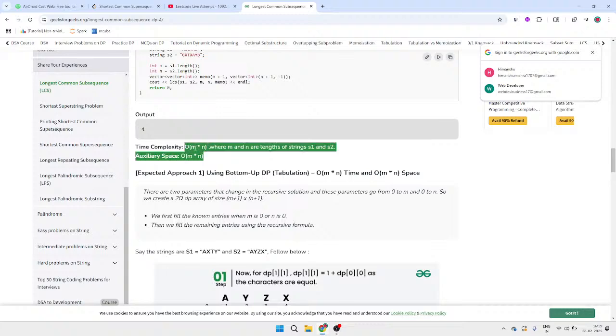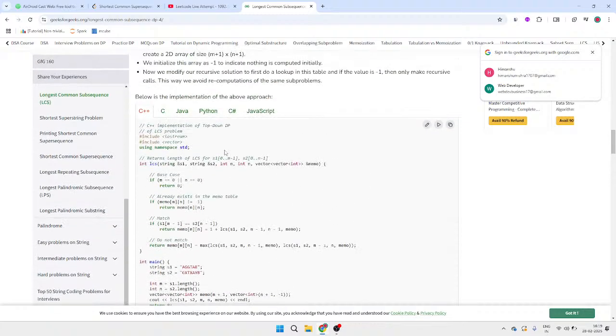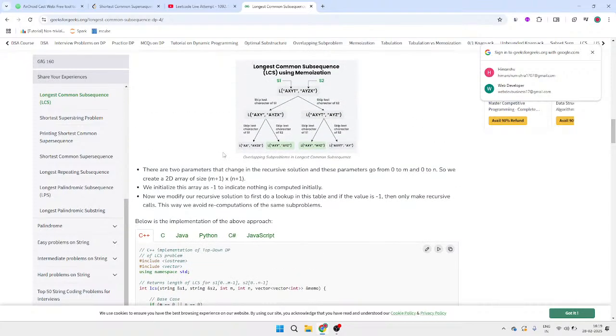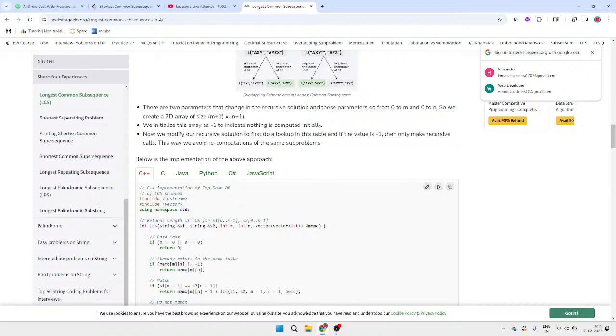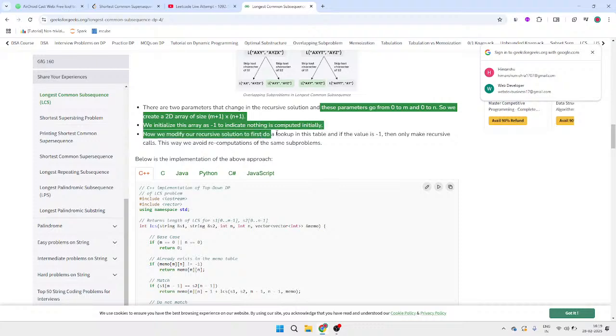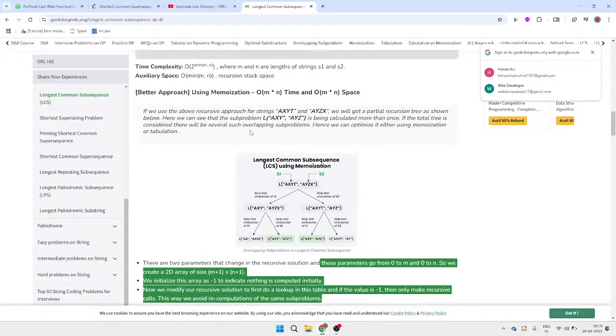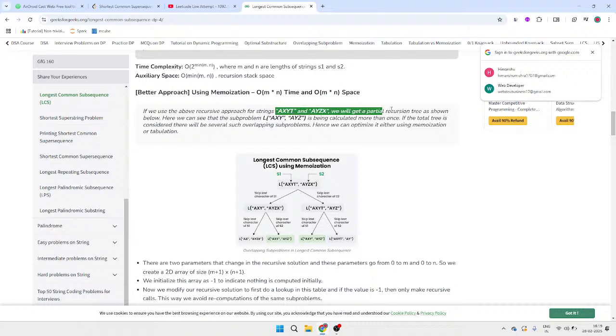This is order m into n, which is fine. So it uses DP, correct? So what is the code of this? Okay, so they found that the subproblem has been calculated more than once. Obviously.